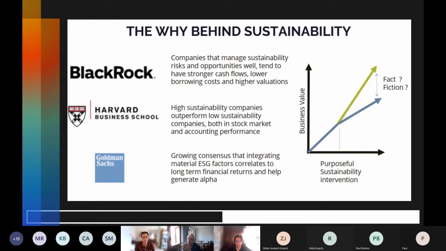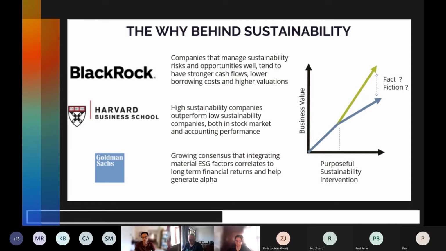So this is not a cost, this is not a reporting requirement, this actually becomes a business imperative, because this is the thesis: post a particular point in time where there was a purposeful sustainability intervention, did business value increase? Now, this is a data problem on a spectacular scale, because there's a moment in time, and you want to watch behaviors on either side of that moment in time and see whether they change, one. Number two, if they do change, you want to form an opinion of their value.